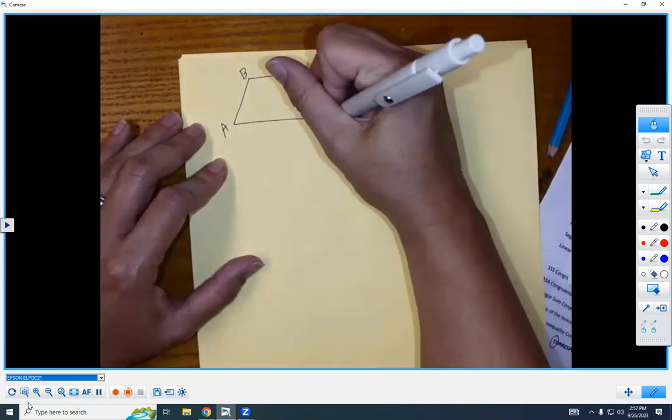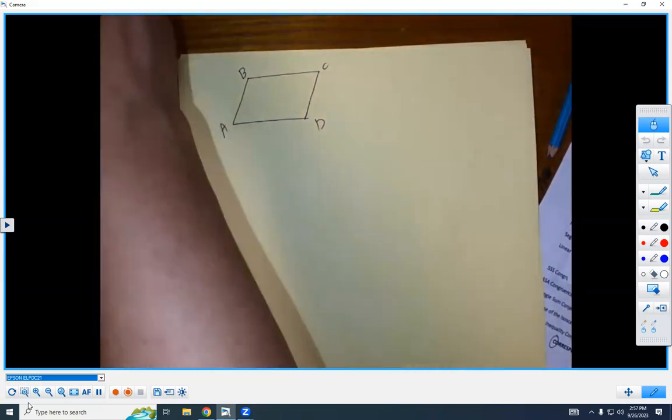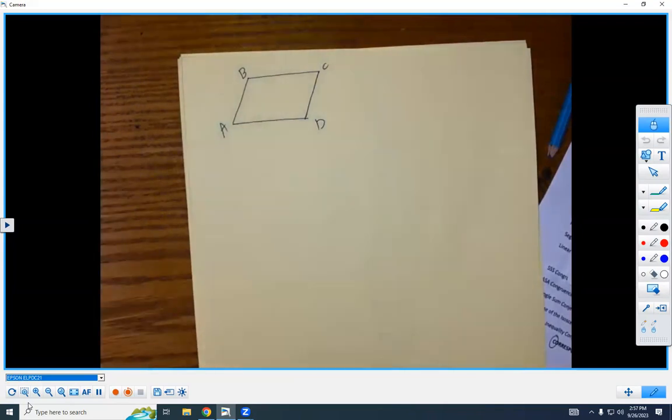A, B, C, D. Are we proving angles or sides first? Sides. Okay. So what's our goal? Prove that AB equals DC and DC equals AD. Right, congruency, yes.